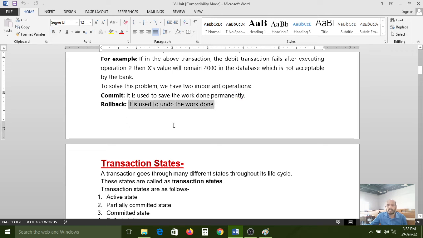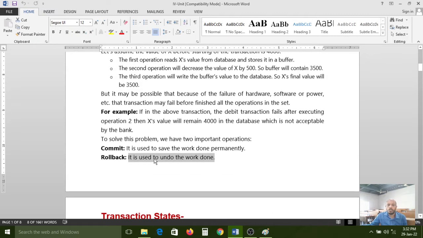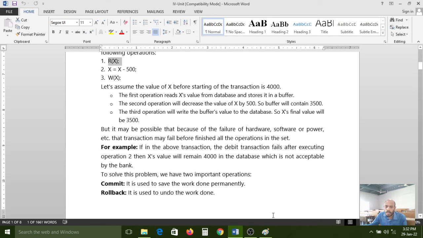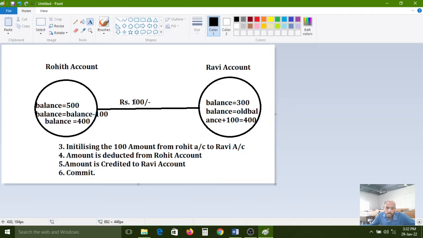Nothing but undo process. It is used to undo the work done. If any transaction fails, the exact amount will return back to the original account. Carefully observe here, 100 rupees is transferring from Rohit's account to Ravi's account.